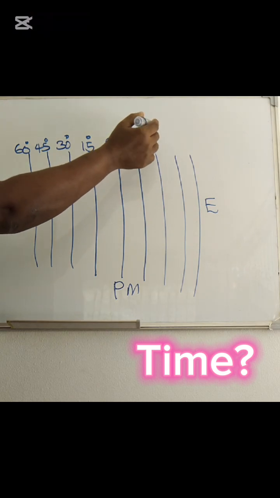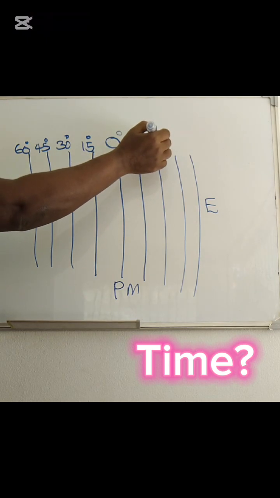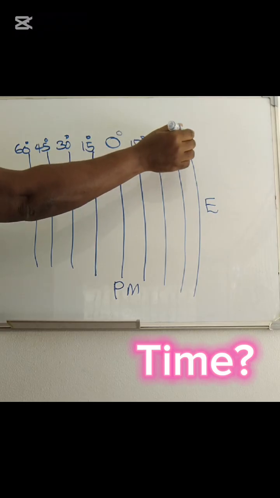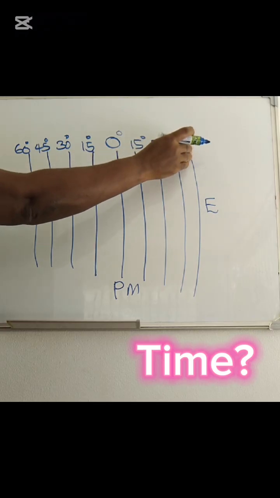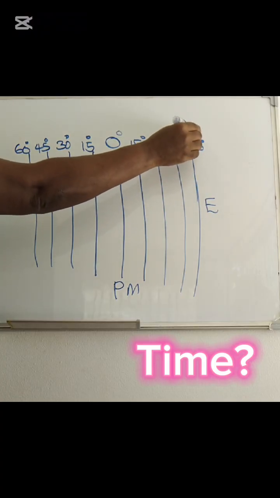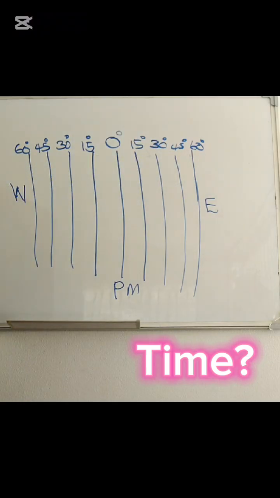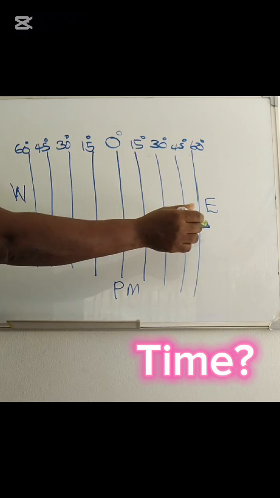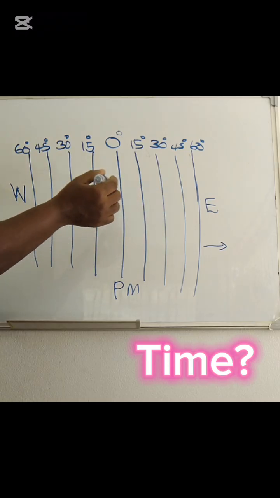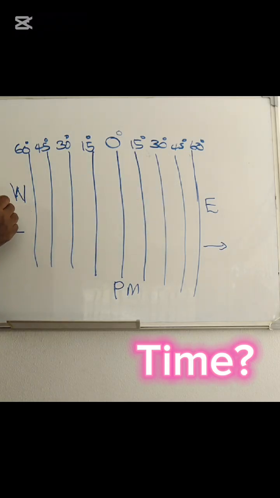Going east, 30, 45, 60. Okay, and it actually continues going toward the east and toward the west, up to 180 degrees.